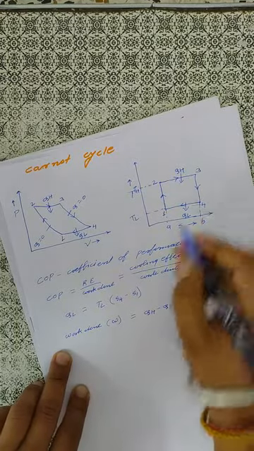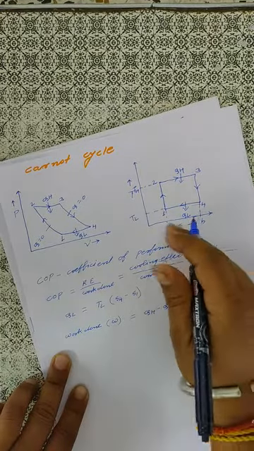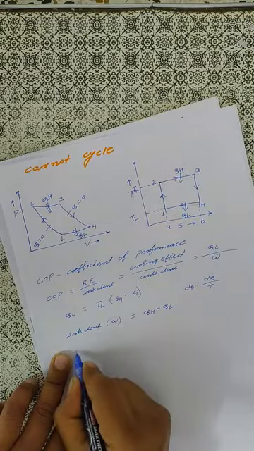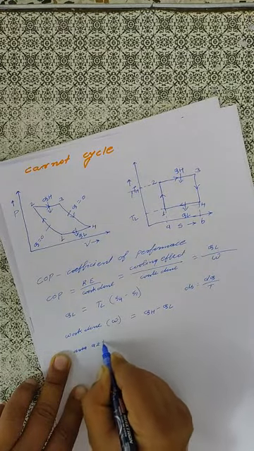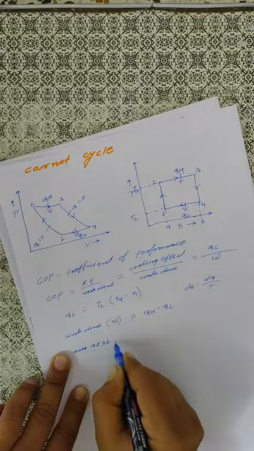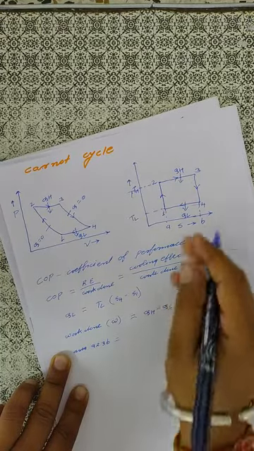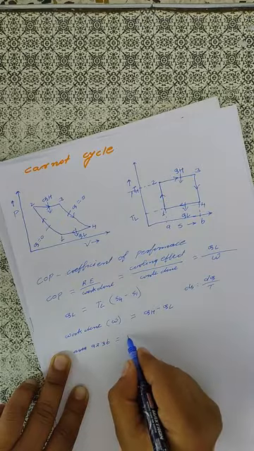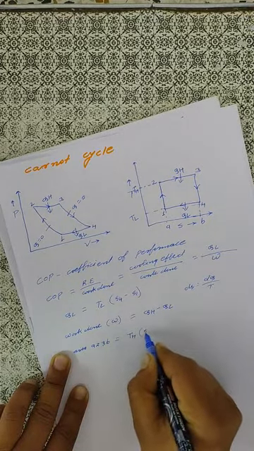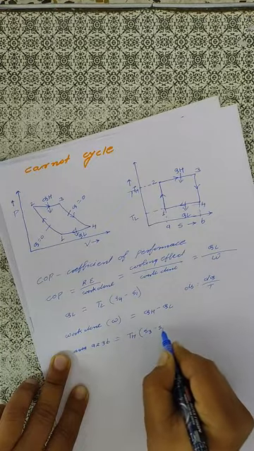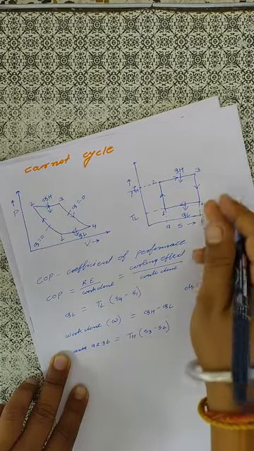Now how do we calculate this area? First we will calculate the total area, area A23B. How do we calculate the area? That is TH into S3 minus S2, or S4 minus S1.